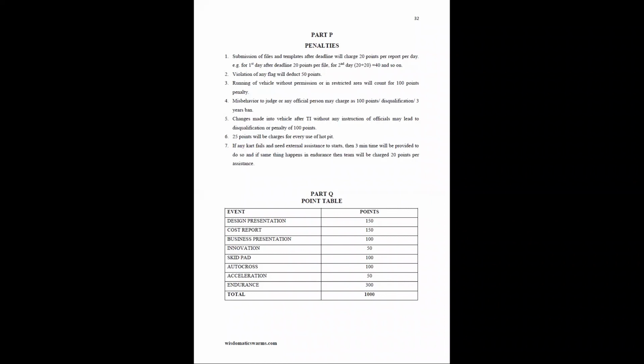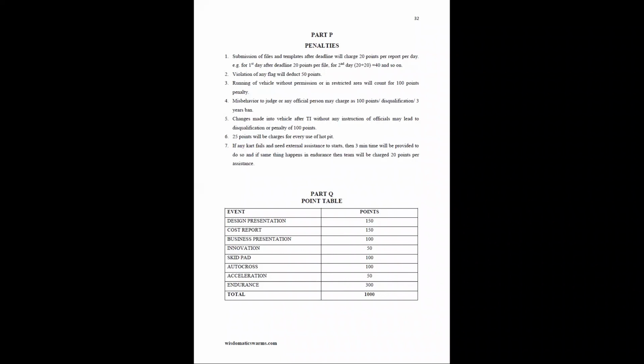Next is our point table for each presentation or each event, how many points you can gain. For design, there is 150. For cost, 150. For business, it is 100. Especially for innovation, we have kept 50 points. Adding these 50s into certain points so that we will be able to judge you properly.